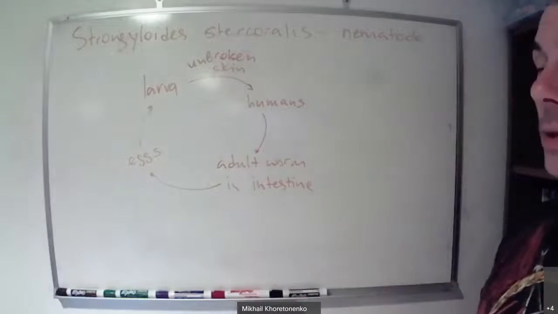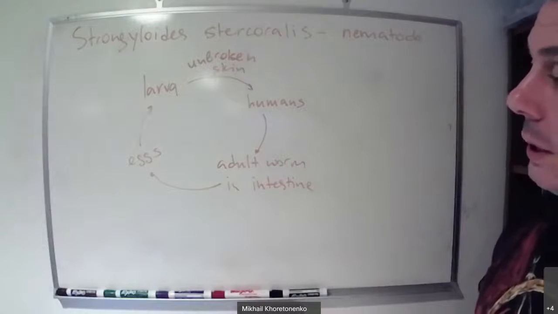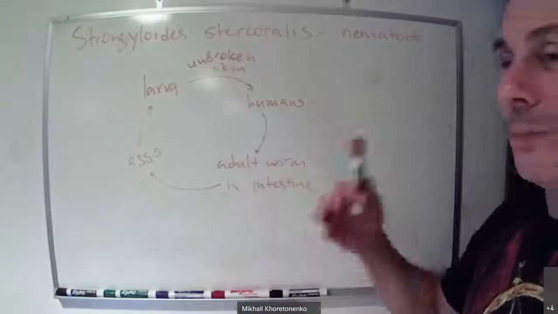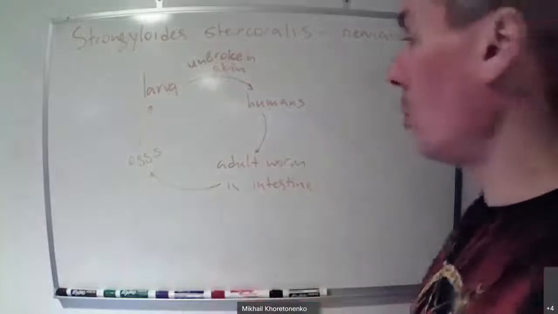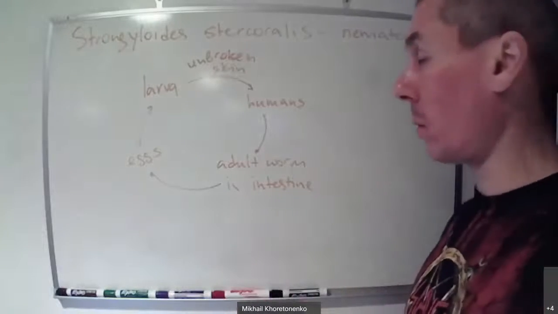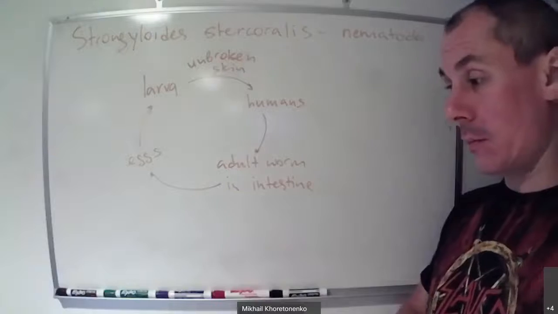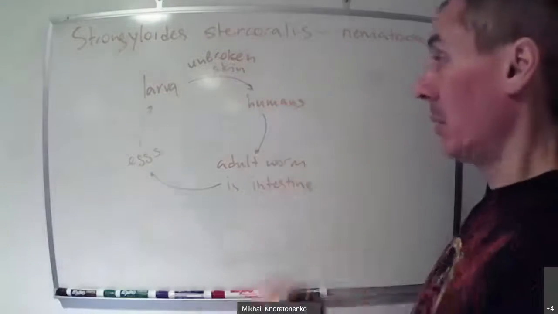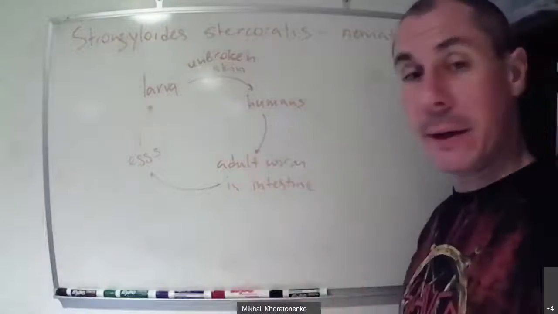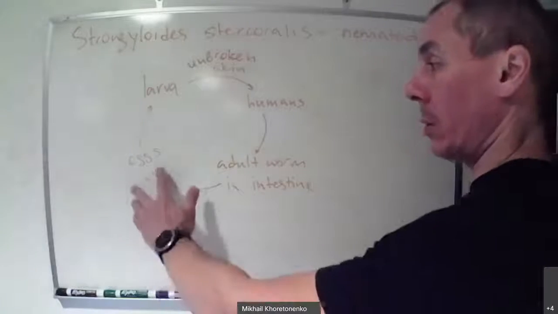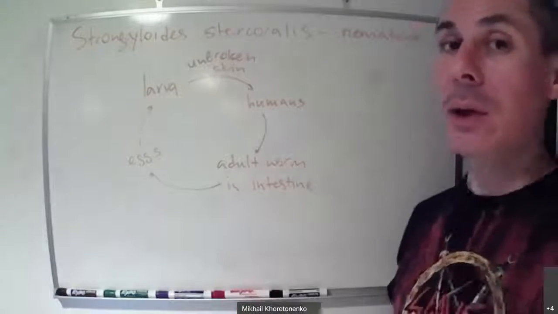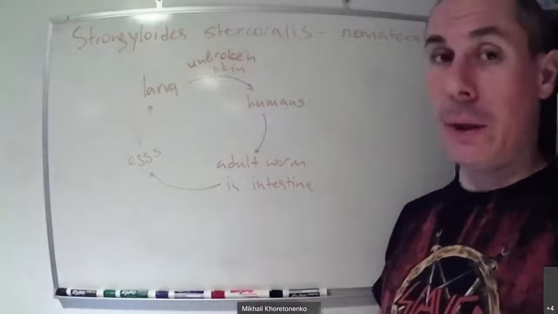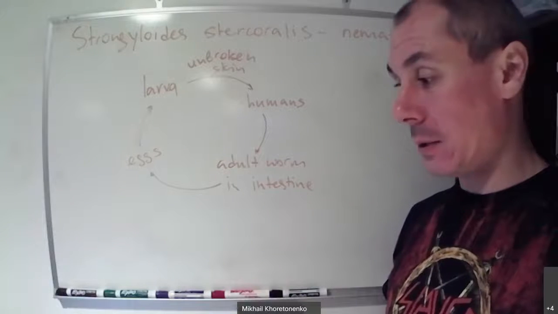But look at this really interesting situation. Technically speaking, humans are strictly the definitive host in this cycle, and there is no intermediate, because eggs hatch into larvae in the soil. Does that make sense?